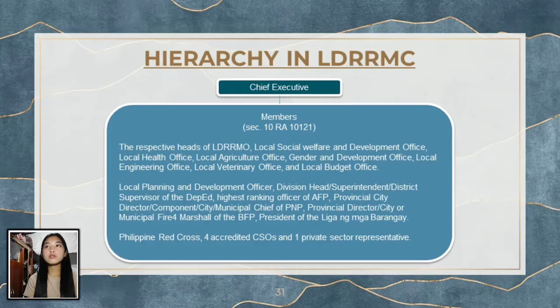Local Planning and Development Officer, Division Head, Superintendent, or District Supervisor of the DepEd, Highest Ranking Officer of AFP, Provincial Director, City or Municipal Chief of PNP, Provincial Director or City or Municipal Fire Marshal of the BFP, and President of the Liga ng mga Barangay. Philippine Red Cross for accredited CSOs and 1 private representative.